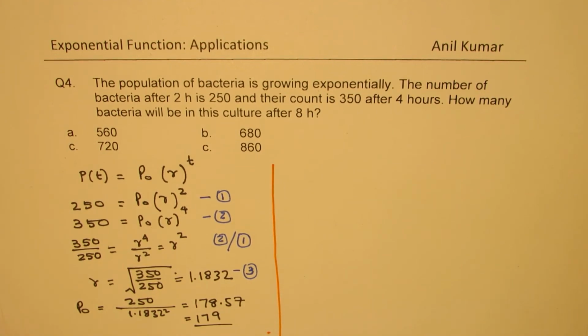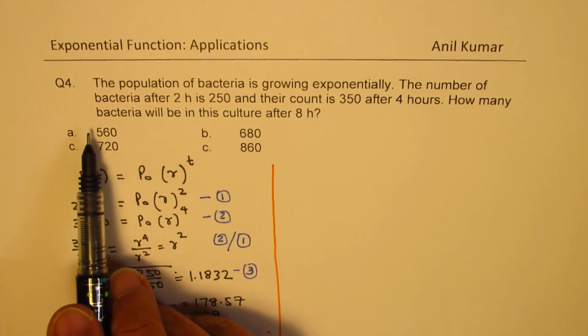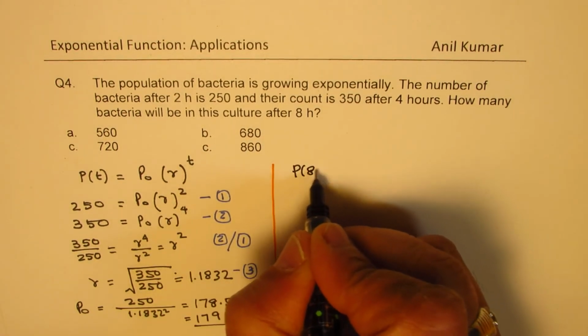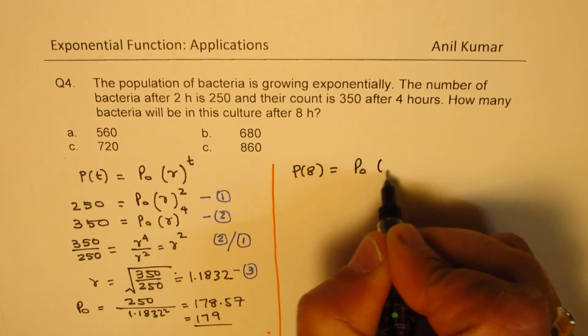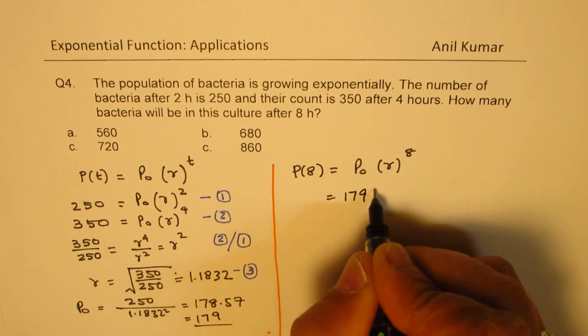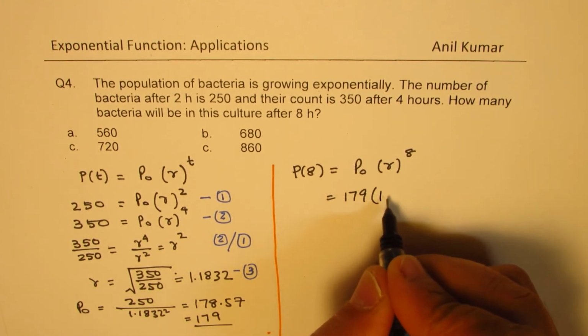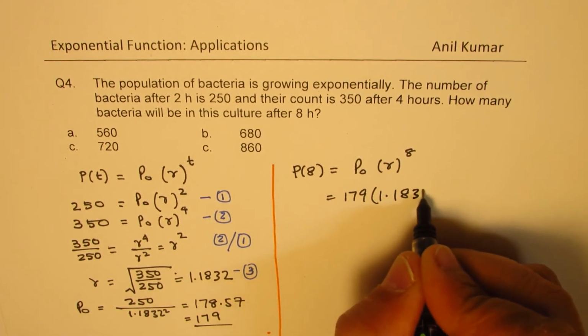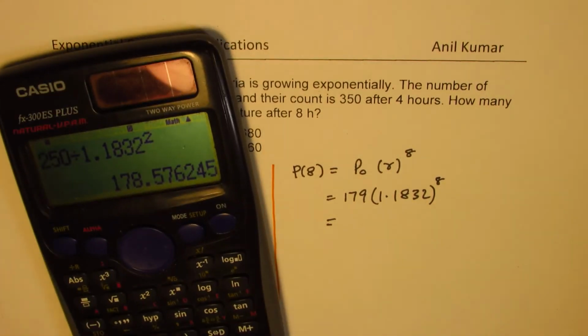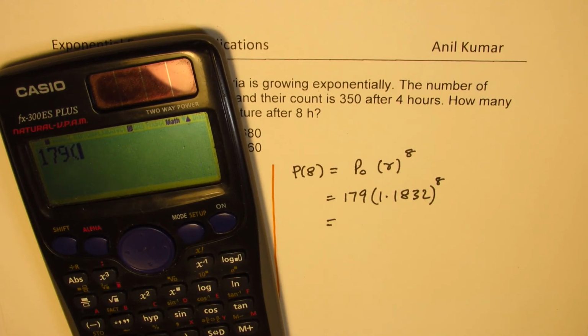Correct? Now we need to find how many bacteria will be in this culture after 8 hours. So that means P of 8 will be P of 0 times R to the power of 8. Now we know P of 0 is 179, and R is known to us, 1.1832 to the power of 8, correct? So we get 179 within brackets 1.1832 to the power of 8.